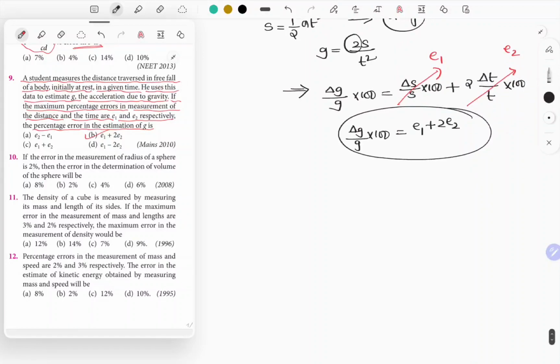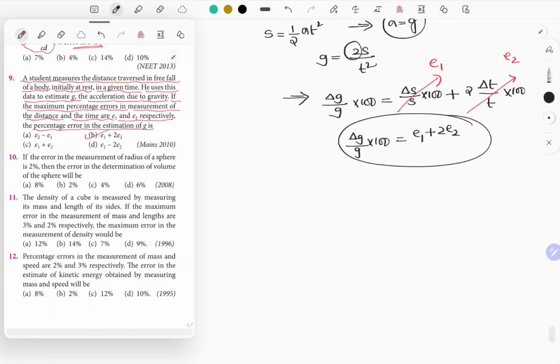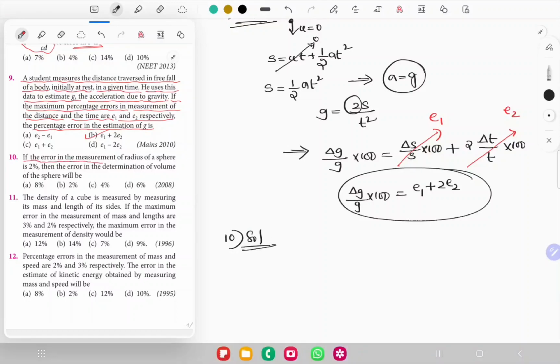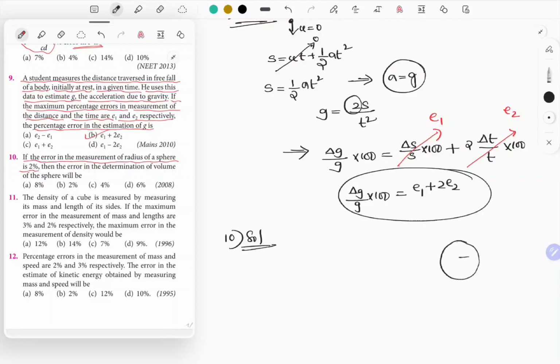Okay. Look at the question number 10. So what is the data they have given? And this is also of the same model, finding percentage error. The data that they have given is, if the error in the measurement of radius of sphere is 2%, okay, a sphere of radius, let's say R, let me give you some formulas.